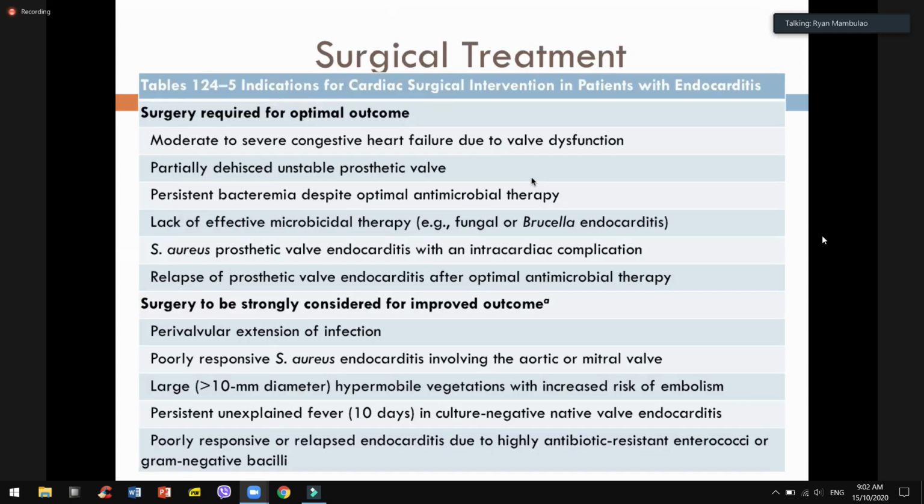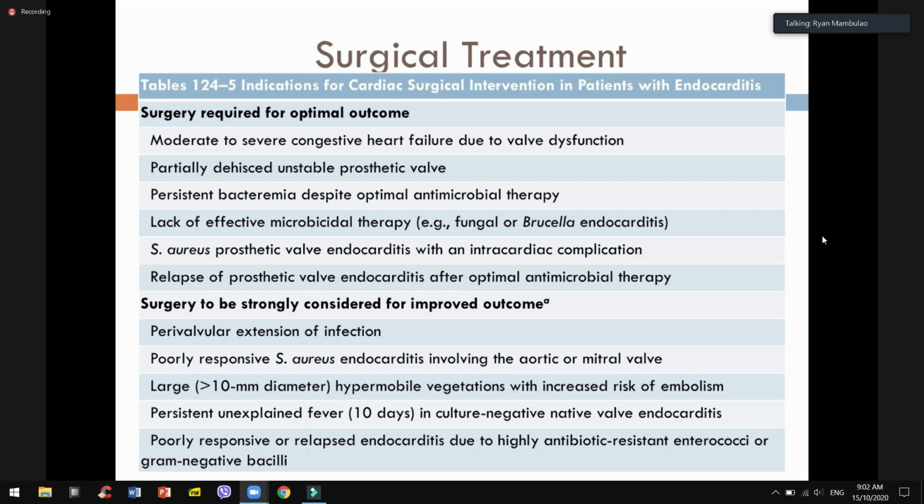Okay, there are indications to do surgery. I think this won't come out in the board exam among interns, or it only comes out in the cardio board exam. So what I memorize is: if there is congestive heart failure that cannot be controlled with medications, like you gave diuretics, you gave a nitroglycerin drip, and the congestion is really refractory, then subject the patient for surgery.